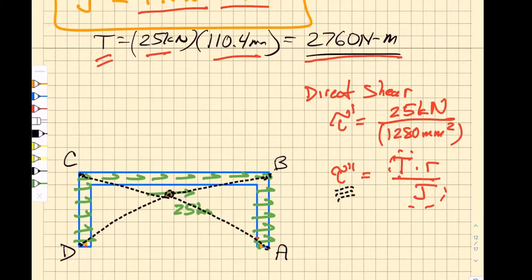We know that it is going to be perpendicular to these moment arms. If it is rotating clockwise, I'm going to have a shear force that looks like that at A, like that at B, like this at C, and like that over here at D.